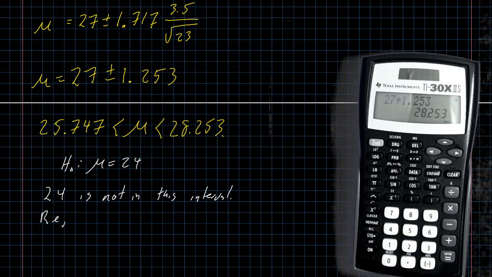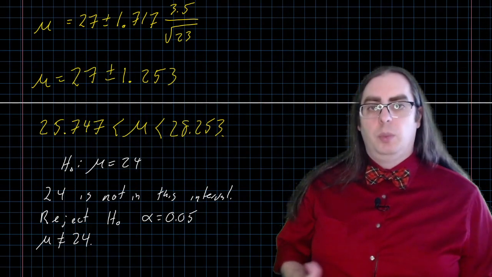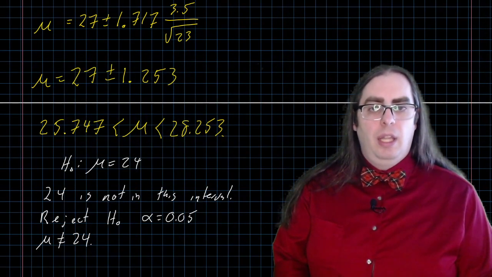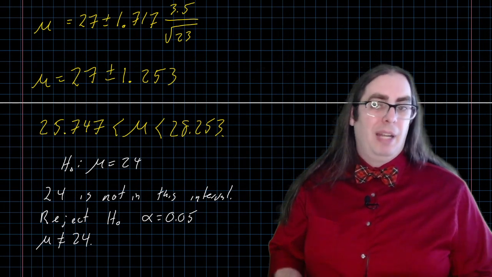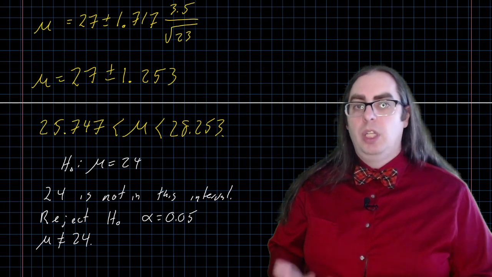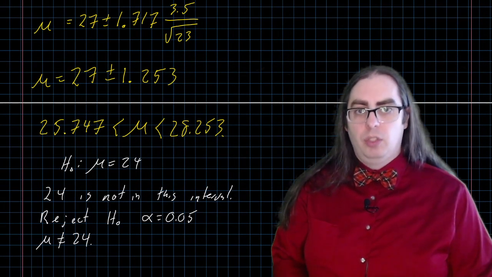So we will reject the null hypothesis with alpha equals 0.05 and say that mu is not 24, right? The mean of this population is not 24. If there was a particular situation we were looking at, then we might have more detail to say here, but I'm looking at a very abstract situation just to walk through the calculations with you.